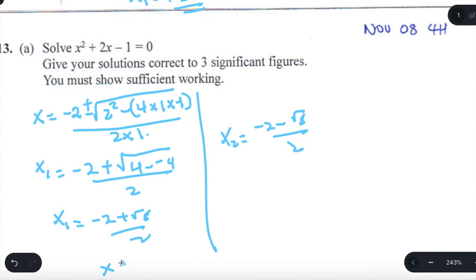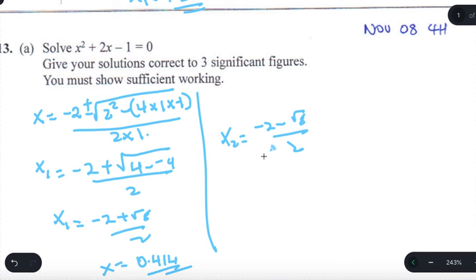So checking our calculator for the first value of x, it is the square root of 8 minus 2 divided by 2. So you're getting the first value as 0.414, three significant figures.